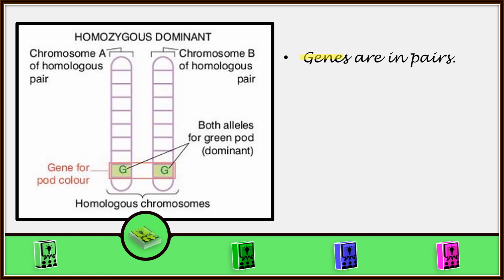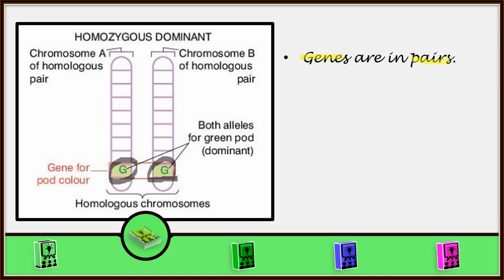Genes are always in pairs. If you look at our genes here, this is a gene located on that chromosome, and this one is also another gene located at that point on that chromosome.